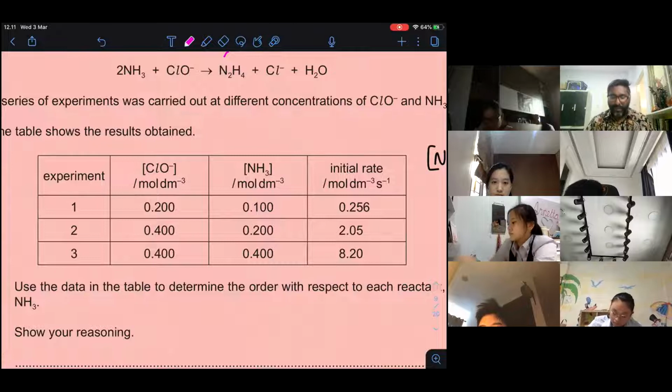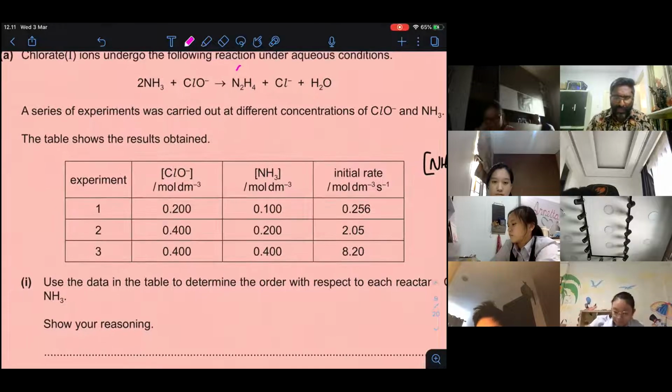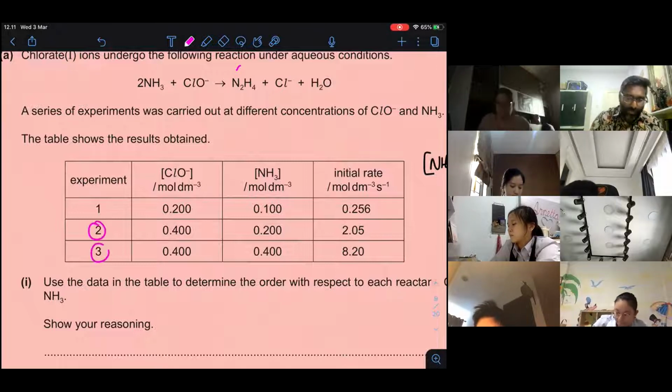For example, there must be one concentration that is constant so that I can measure. Like experiment 2 and 3, I know that these two are constant, 0.4 and 0.4.